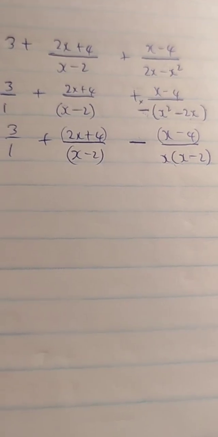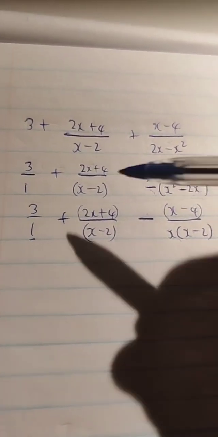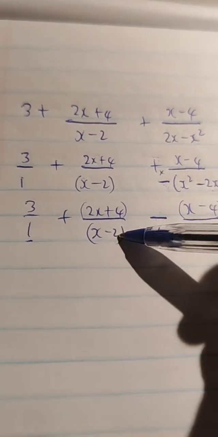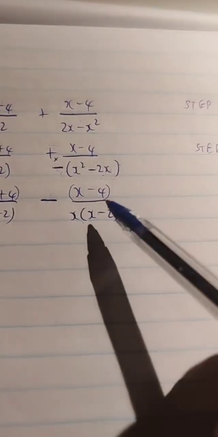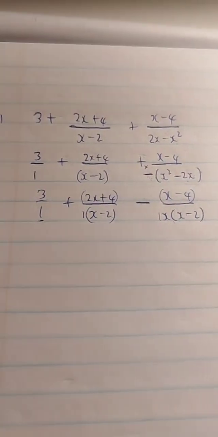Okay, listen to me and listen to me well. We first look at the number. So where's the number? We have 1. Before the x minus 2, we have a 1. And then here, before this bracket, before the x, we have 1.